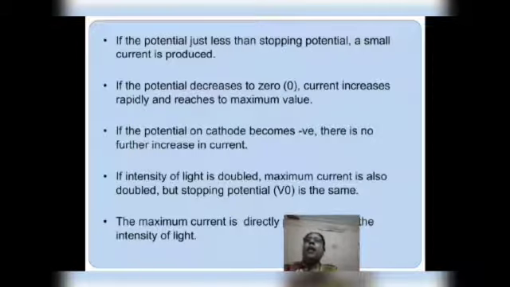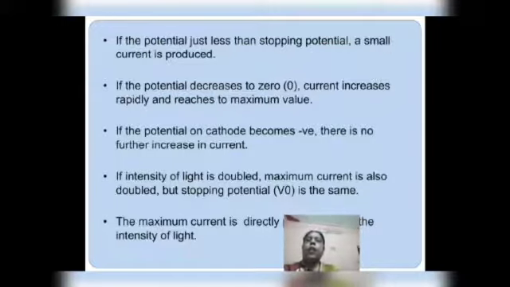When we make the potential just less than the stopping potential, a small current starts flowing through the circuit. If the potential decreases to 0, the current increases rapidly and reaches a maximum value. And if the cathode potential becomes negative, the anode ultimately becomes positive.